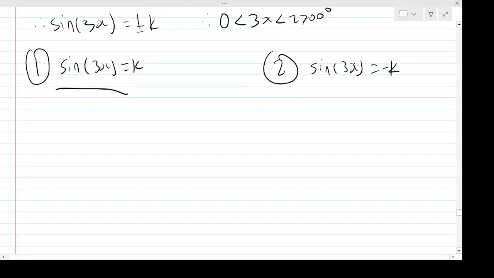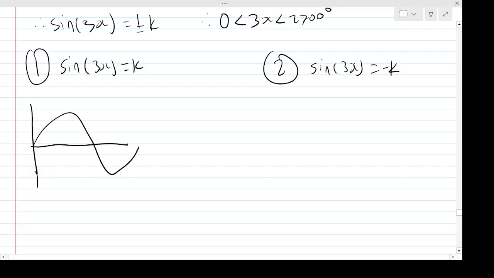So sine of 3x is equal to k, okay. So again, let's consider the sine graph. Obviously, we can't inverse sine it, because k is unknown, it's not a number. So we just have to consider the sine graph to see where the solutions are. So the sine graph, between 360 again, say, it's going to be here.